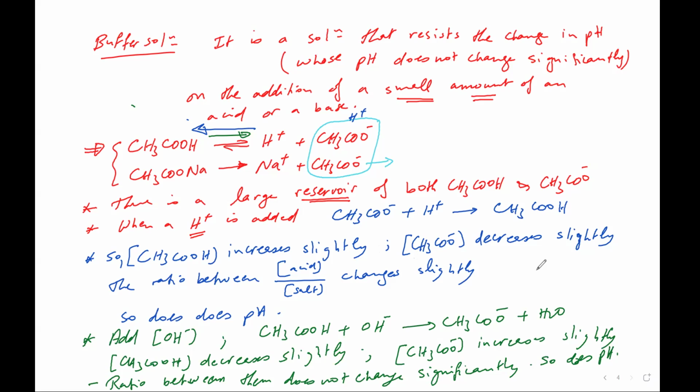It says that if we have a buffer like this one, the pH of this buffer is 4.76. This is the pH of the buffer, which we calculated in a previous step.